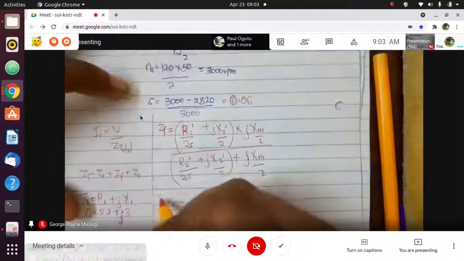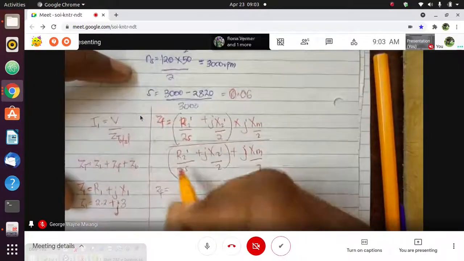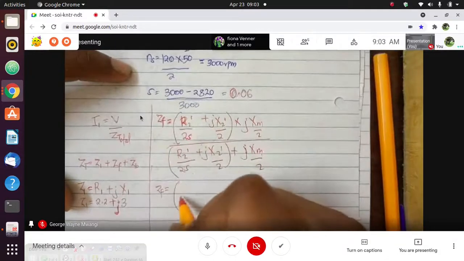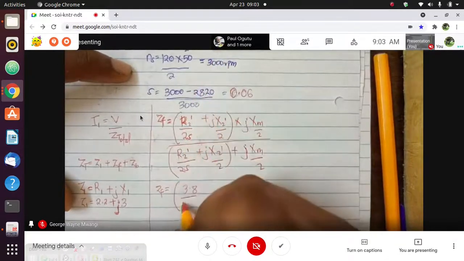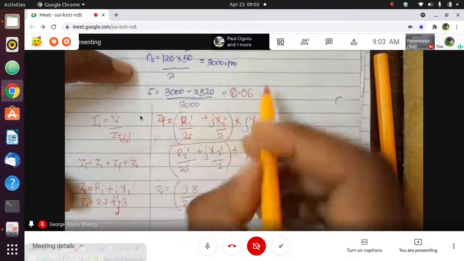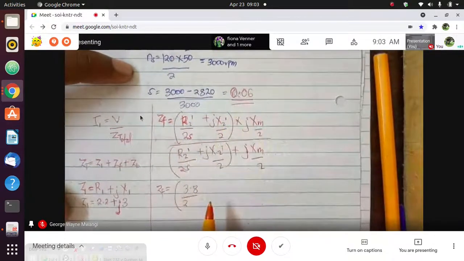Now ZF is therefore equal to R2 which is 3.8 over 2. We have S, we have just found the value of the slip, which is 0.06.